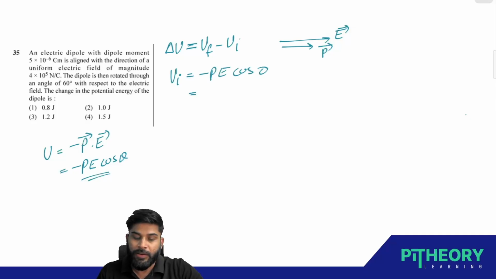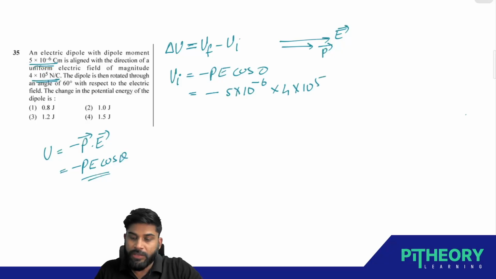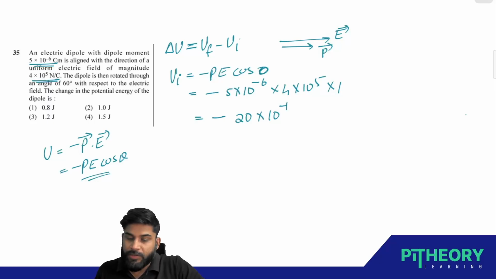P is the given dipole moment and the electric field magnitude is given. So minus 5 into 10 to the power minus 6 into 4 into 10 to the power 5. Cos 0 is obviously 1. So how much is this? Minus 5 into 4 is 20, into 10 to the power minus 1. So we get minus 2 joules as the initial potential energy.